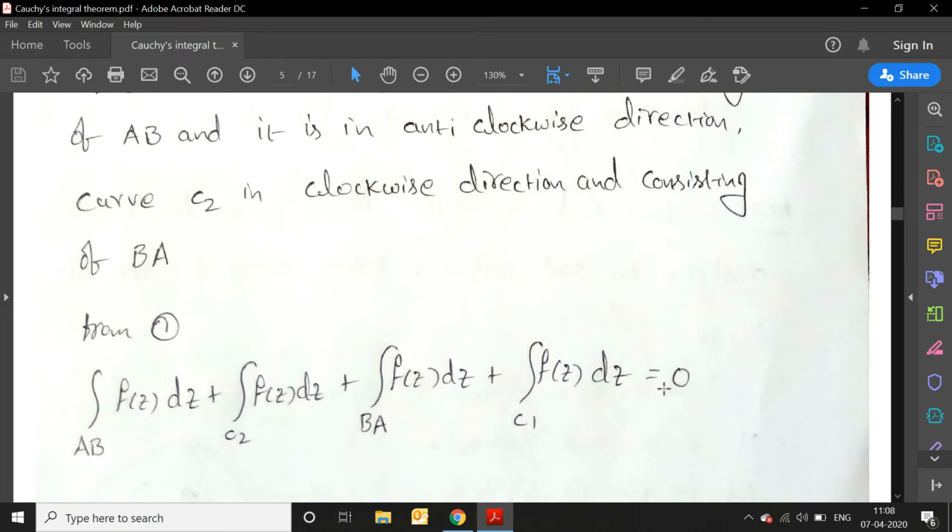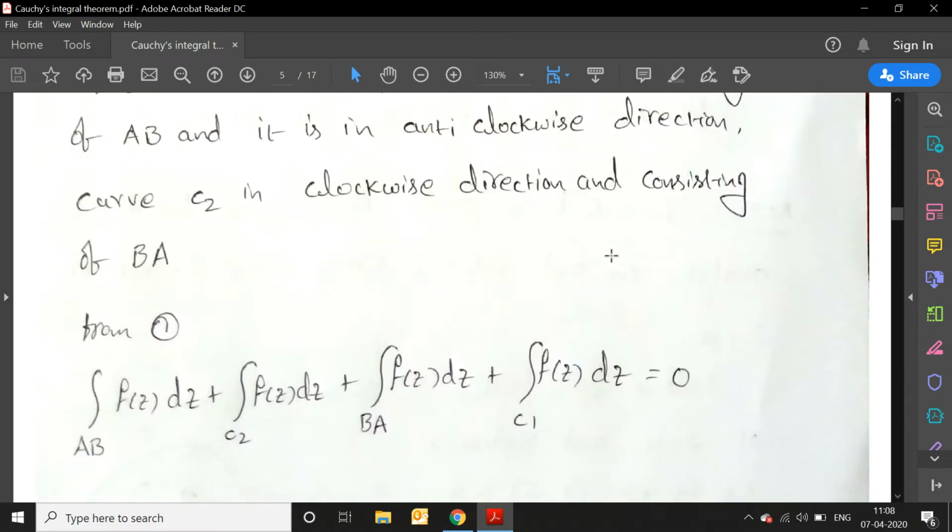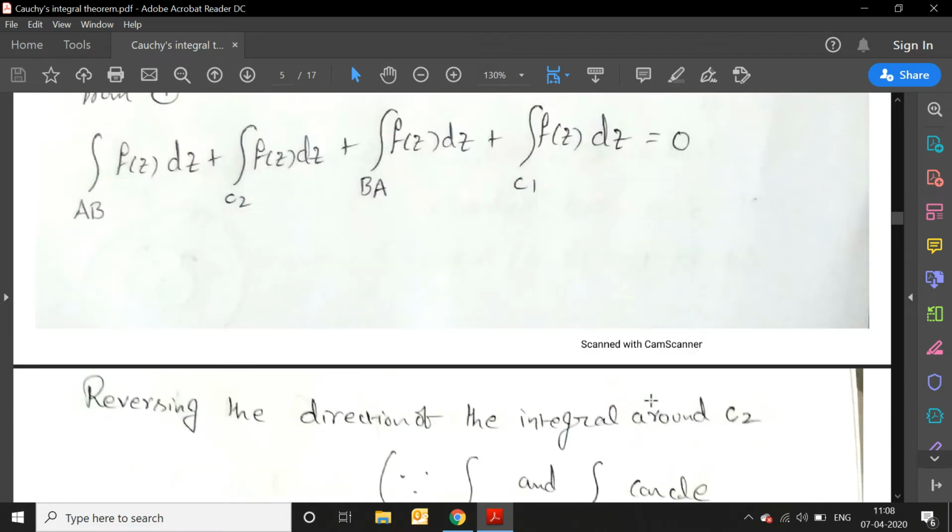So our curve is divided into 4 parts, that is AB, C2, BA and C1, equal to 0.